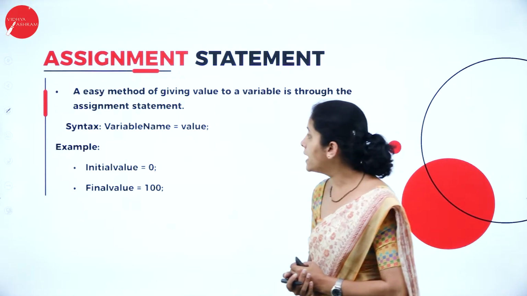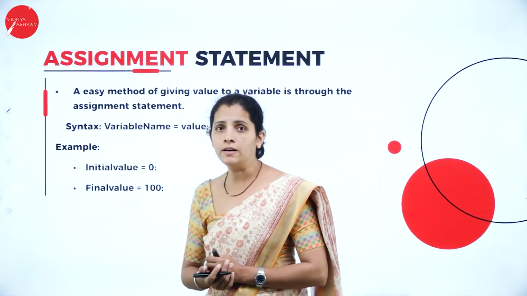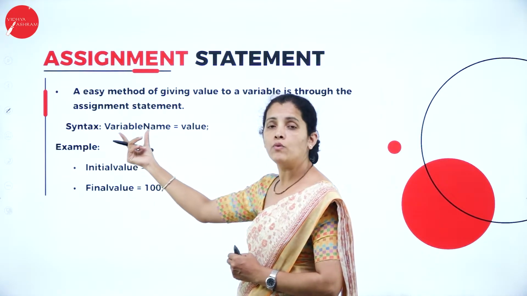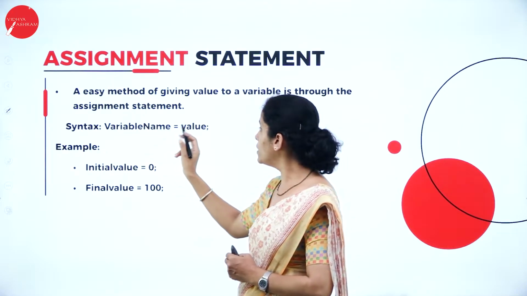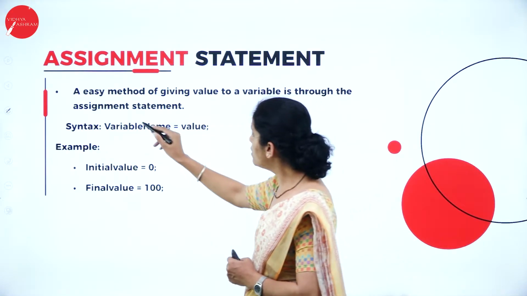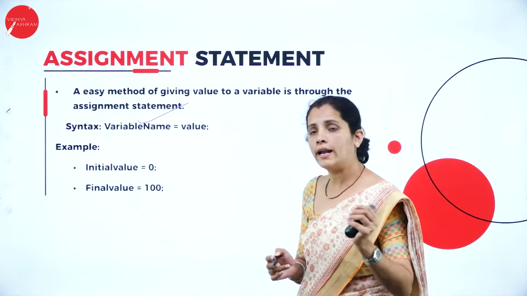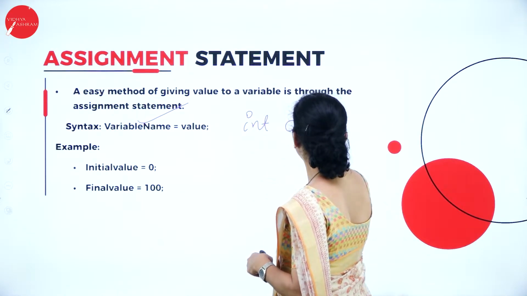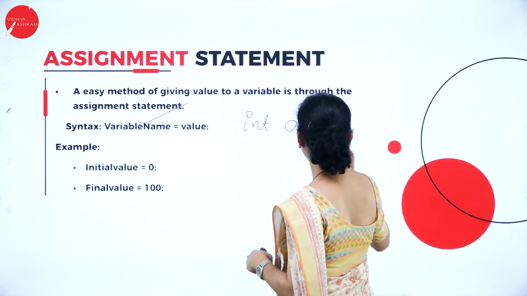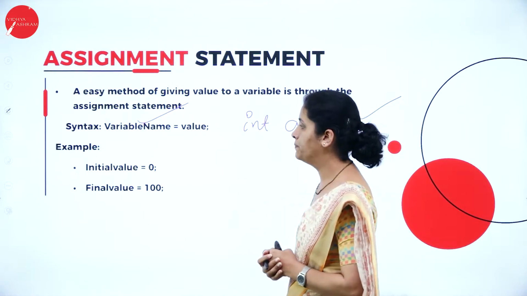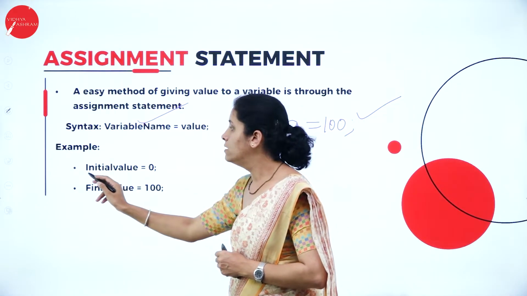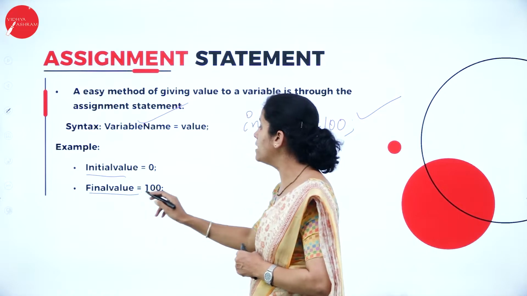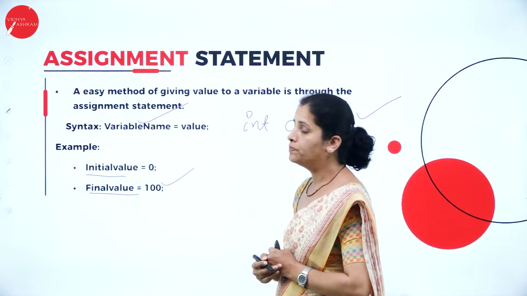Now, let me write the syntax here. So, first what do I have? I can have the variable name and I'm going to assign the value. So this is also valid, or directly I can write int a equal to 100. So this is also the correct one. For example, I have initial value that is 0 and final value it is 100.